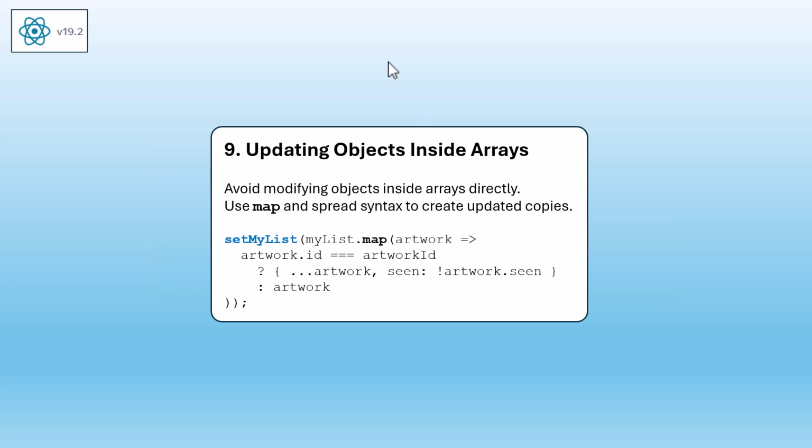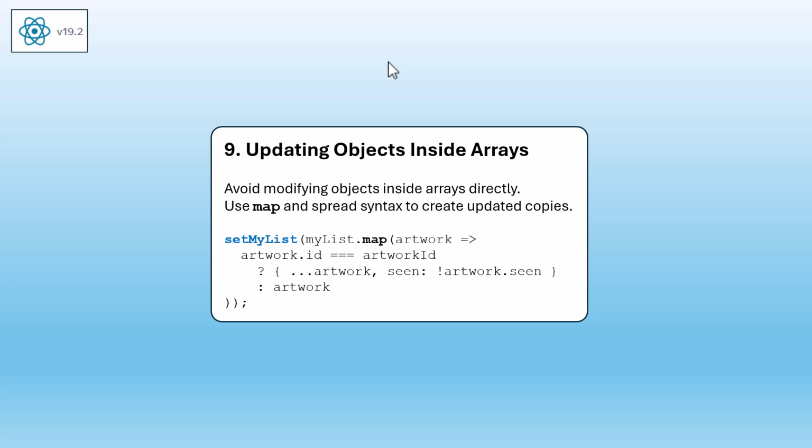9. Updating objects inside arrays. Objects stored inside arrays are not literally inside them. The array simply holds references to those objects. That means if two arrays refer to the same object, mutating it through one array affects both. When you update nested state, you must copy the parts of the structure that change, all the way up to the root.